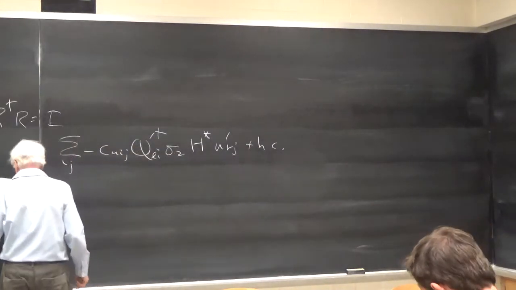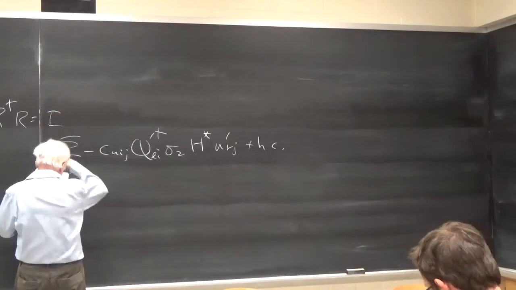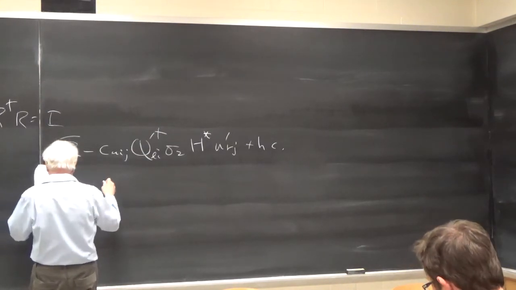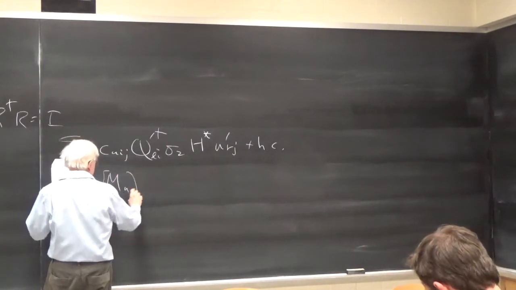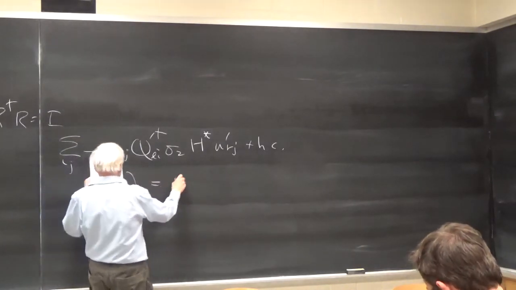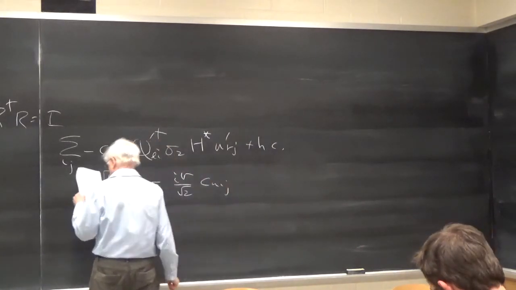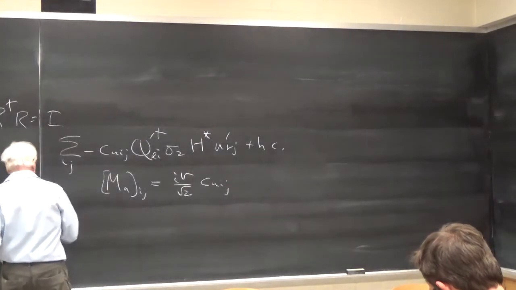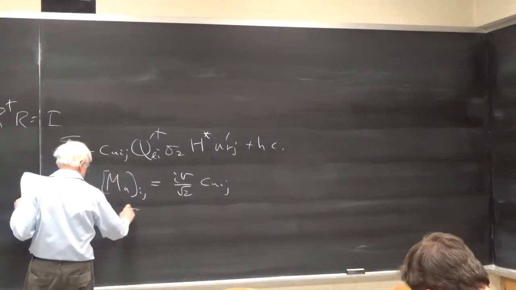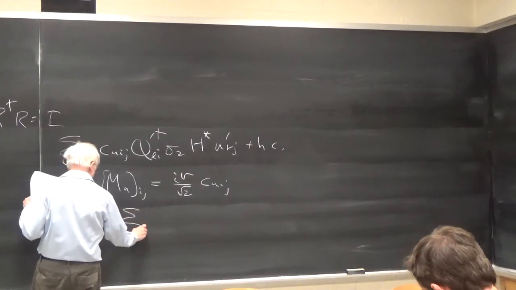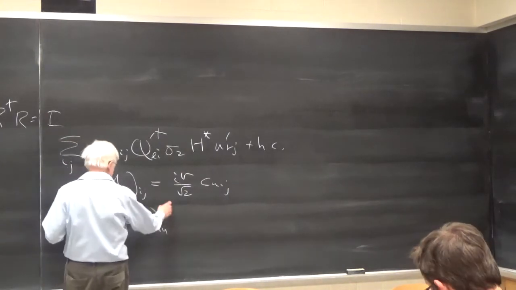And then what we have is a mass matrix whose ij element now is v over root 2 C U ij, and we then write this as a singular value decomposition into L U sigma up R U dagger.